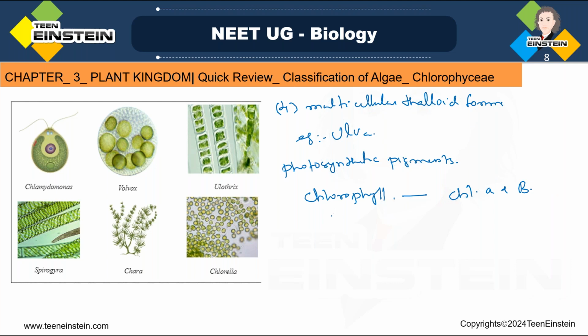Then carotene, that is beta carotene. And next is xanthophyll: violaxanthin and lutaxanthin, both are yellow colored.